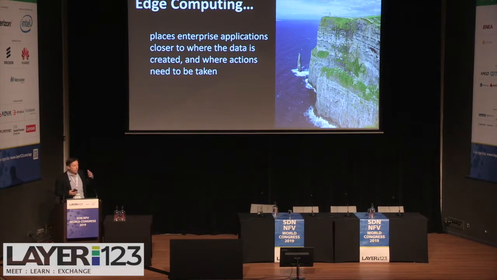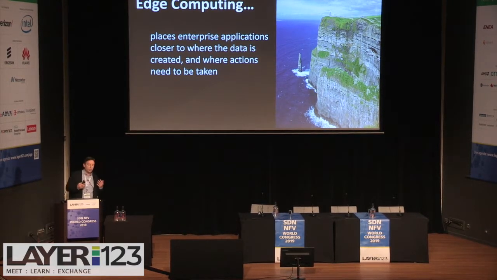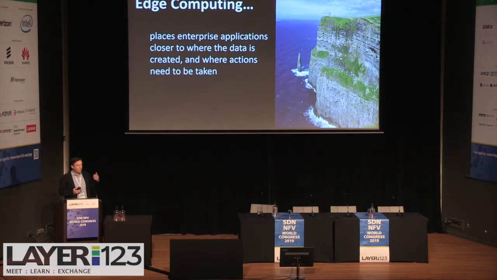So I said I'd start with a definition of what we describe or define edge computing as. What we say is edge computing places enterprise applications closer to where the data is created and where action needs to be taken. That sounds obvious, but it's a definition set in our mindsets of what this is about.